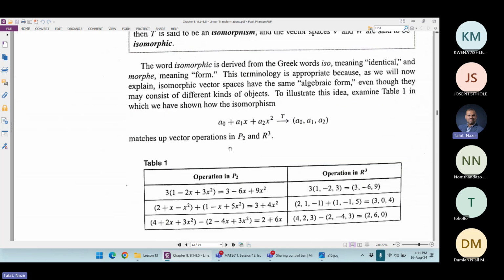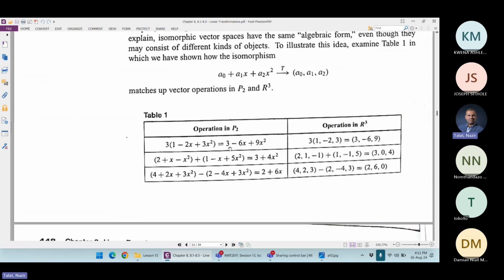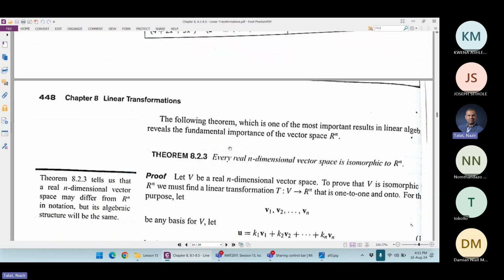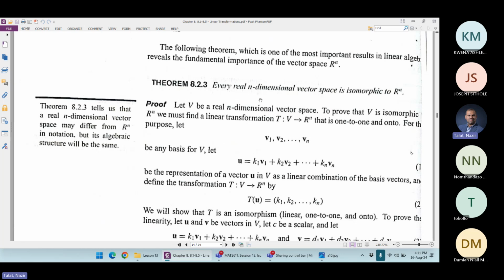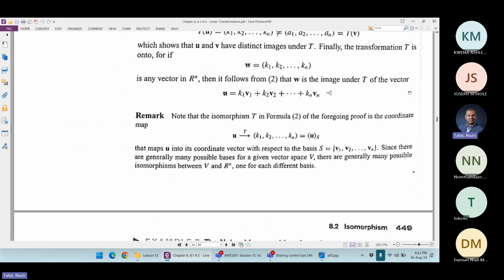This also gives us some important relations, like every finite n-dimensional vector space is isomorphic to Rn. If you take any n-dimensional vector space, we can obtain a linear transformation which is 1-1 and onto. So this is the result in that direction.